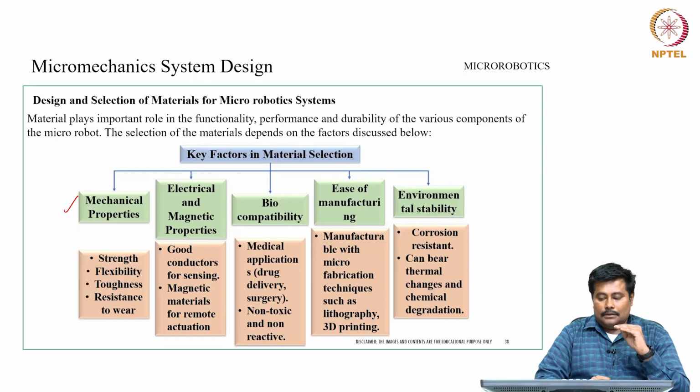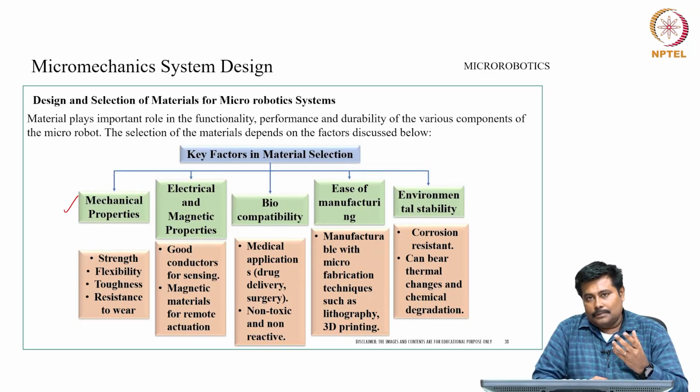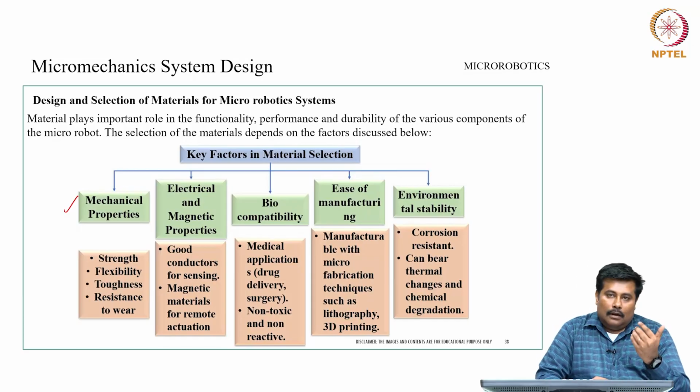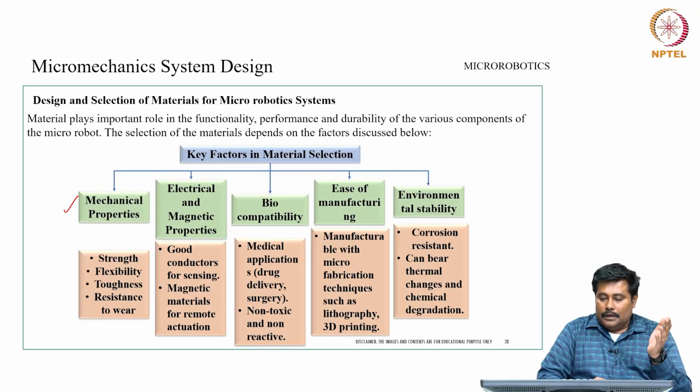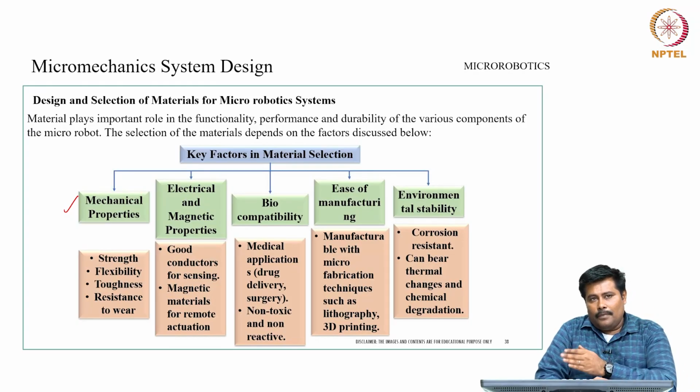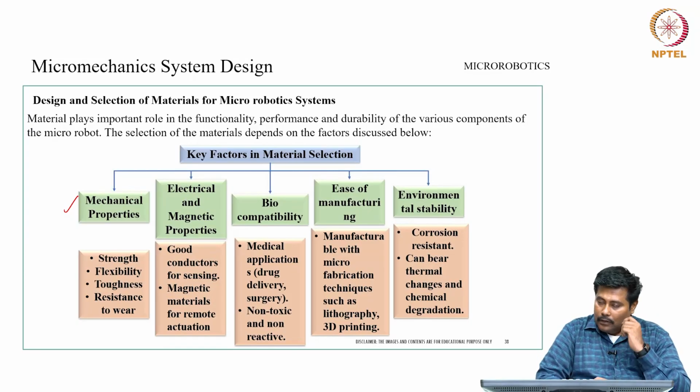The most important point is with reference to ease of manufacturing. Whatever smart materials or micro robotic system we are planning, it should be well adapted within the process of microfabrication, so that microfabrication is efficient enough to fabricate the kind of structures we are looking for.